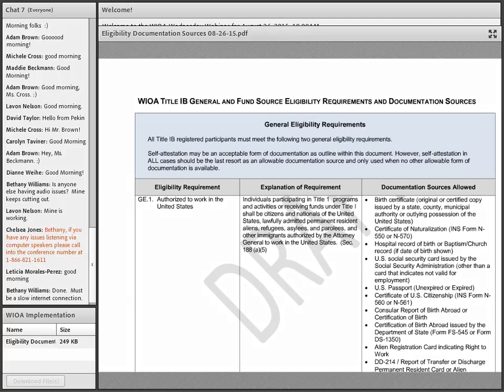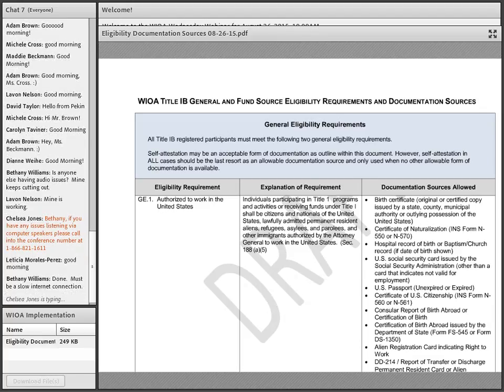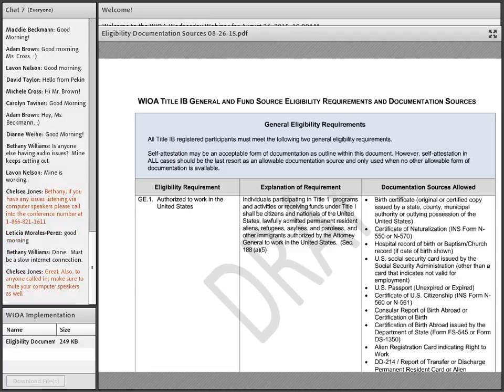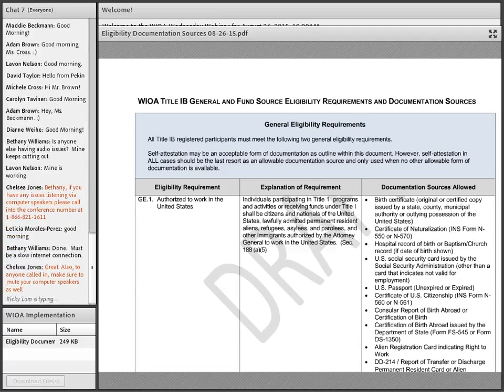There are a couple of requirements that apply only to adults and dislocated workers, not to youth, but we still put that in the general eligibility category rather than repeat it in the separate adult and dislocated worker policies. So you'll see the headers on these tables reflect those policies. You'll have a general eligibility, an adult section, a dislocated worker section, and a youth section that includes both out-of-school youth and in-school youth.